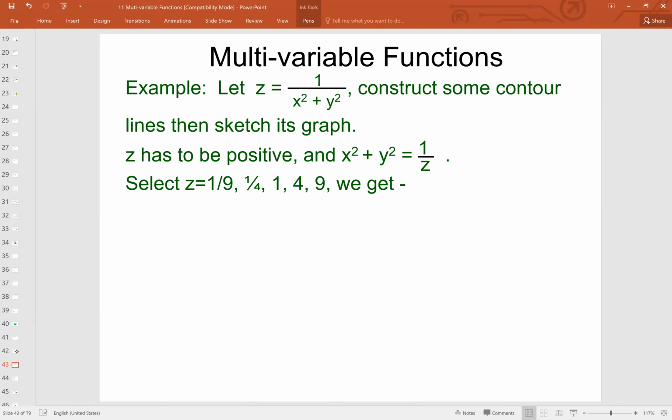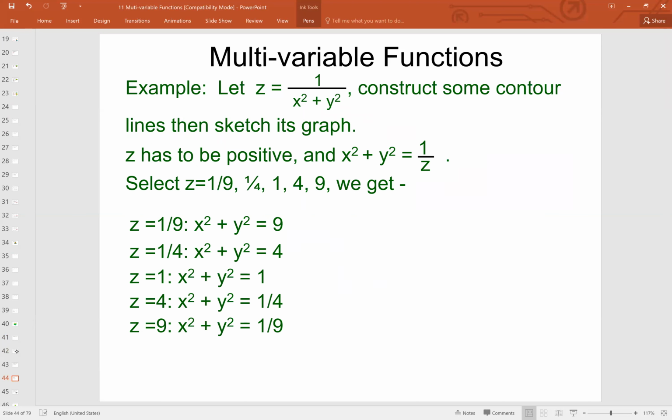And if I flip this over, then depending on what z is, I get circles. When z is 1/9, I will get different circles of different radius. And the point is, the higher the z, the smaller the circle.